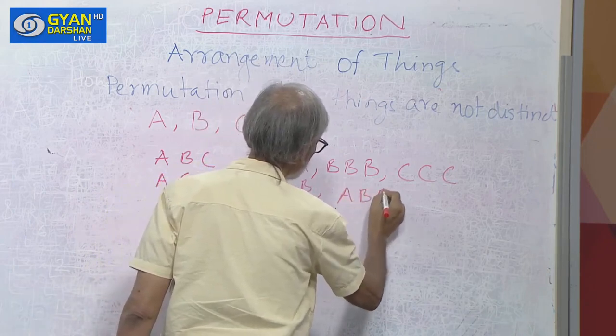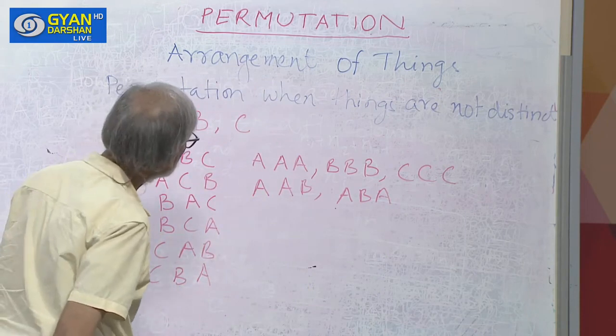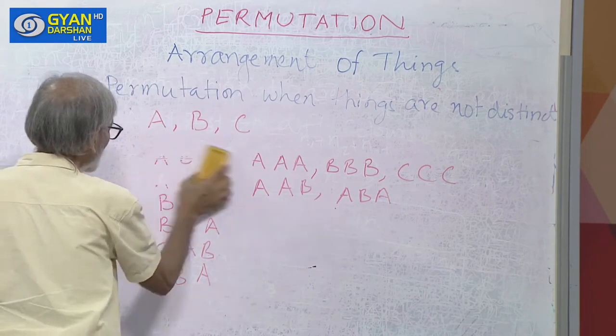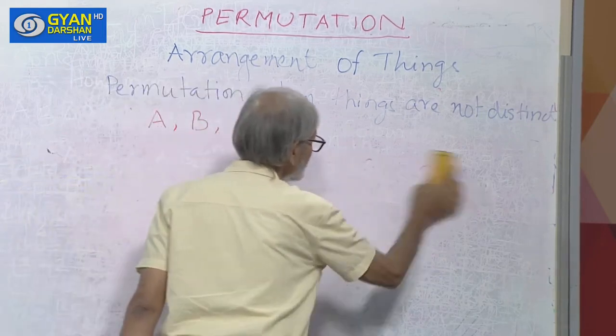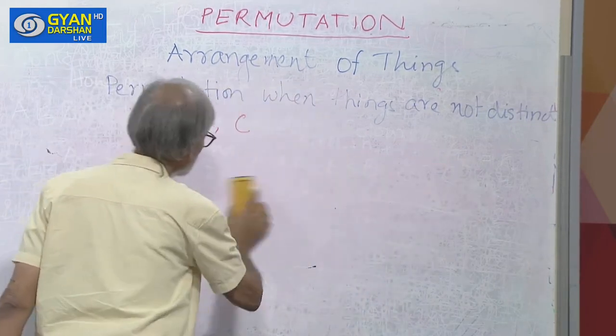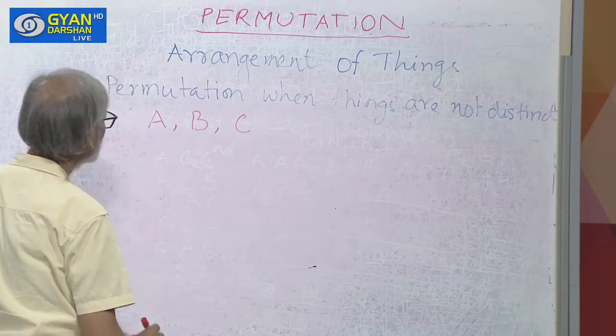A. So, the simple formula for it: there are 3 letters and you have to make a 3 letter word.